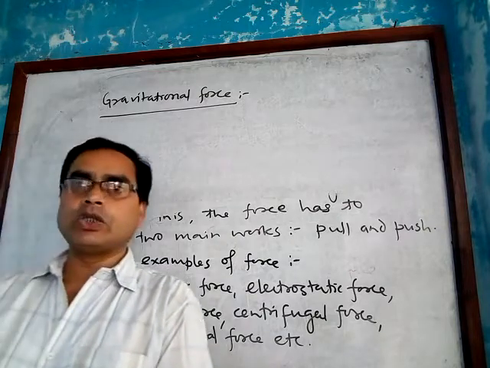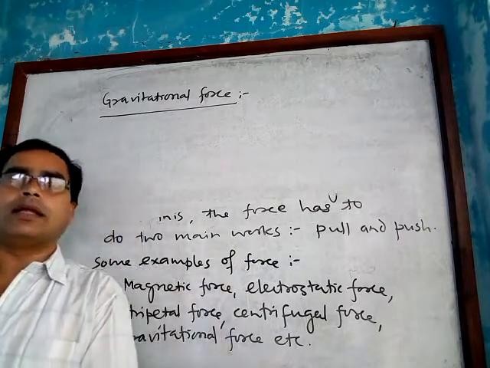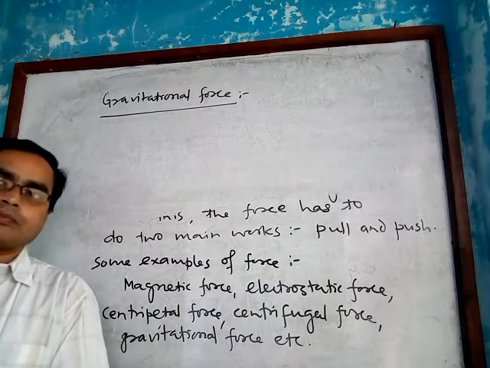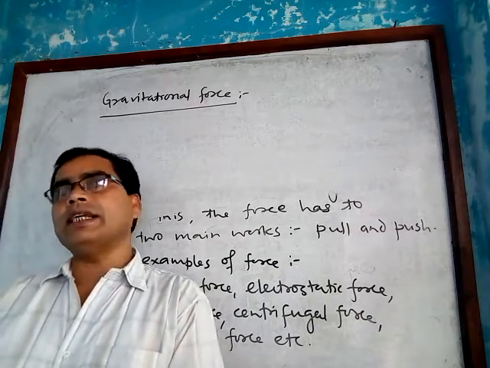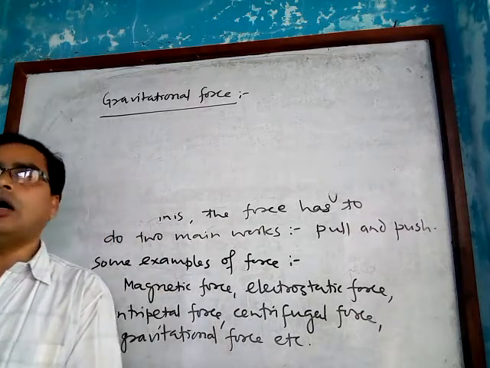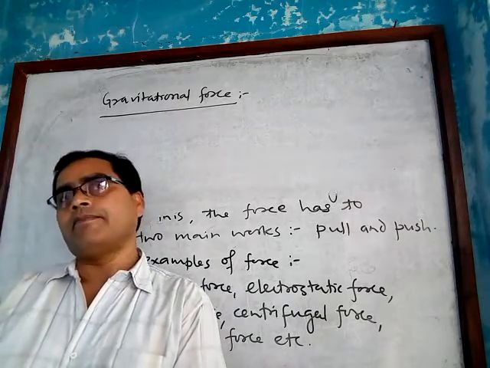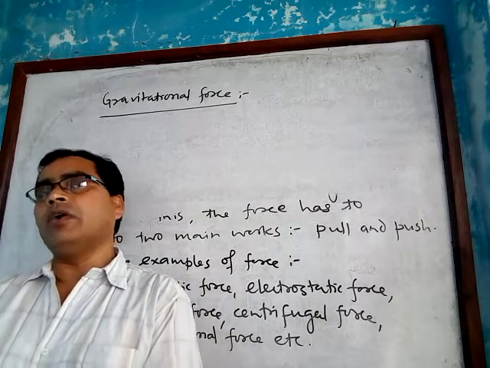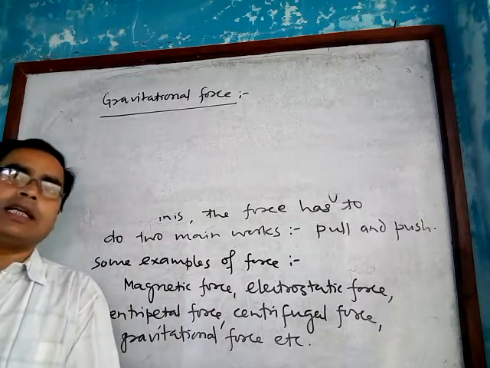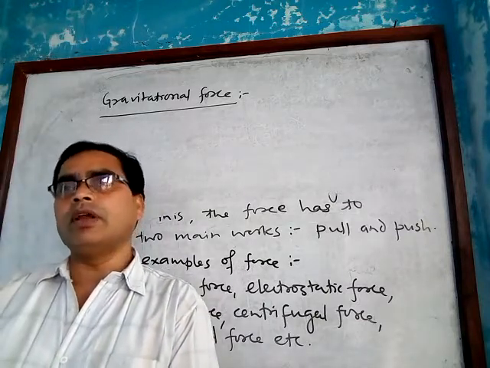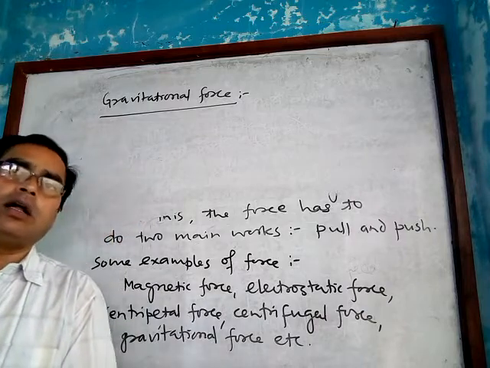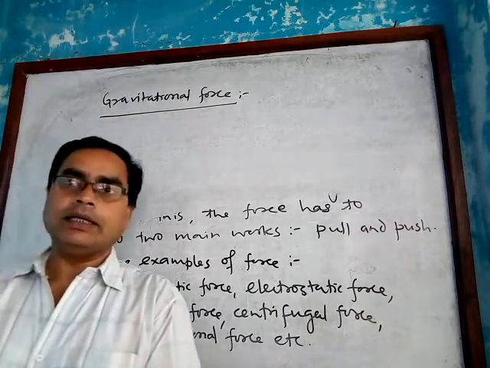In the 16th century, Galileo, by his telescope, observed the planet Jupiter, and he found that 4 satellites were revolving around Jupiter.